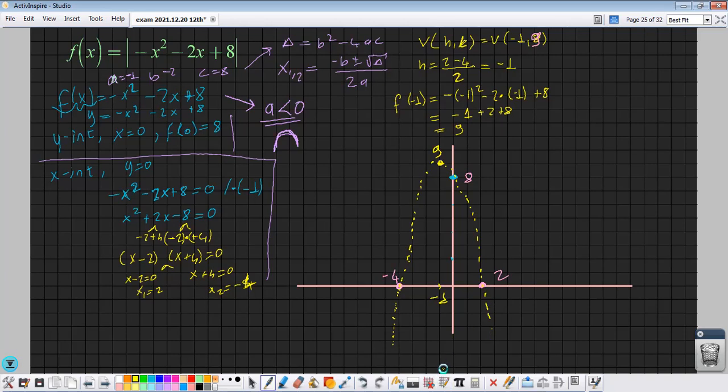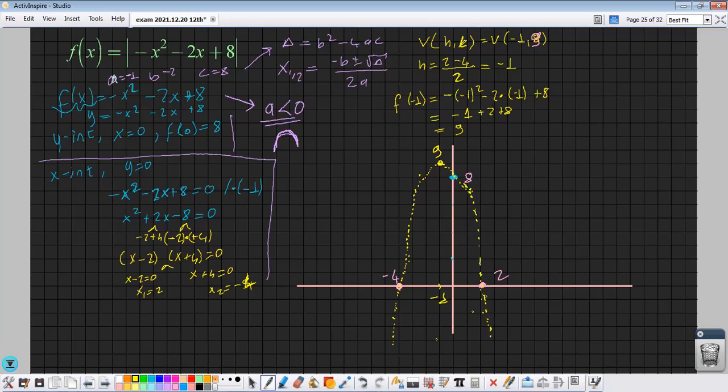Let's remove the points and try to draw once again. In here, it will go up. Come down here and go through the number 2. Anyway, this is not the important part.